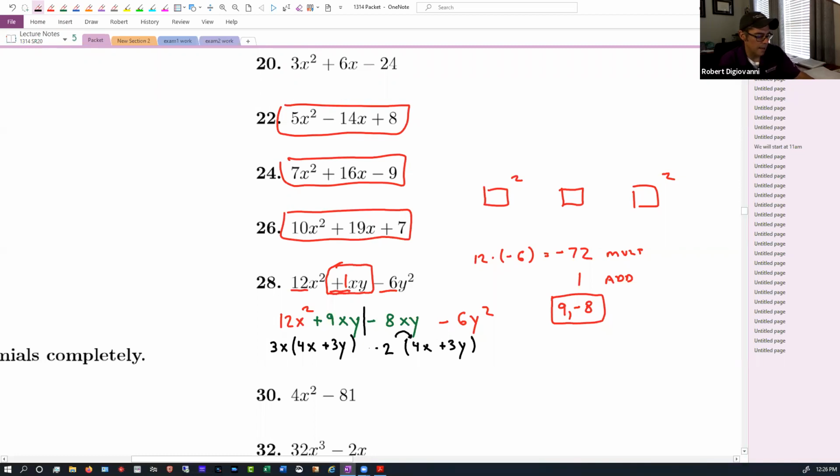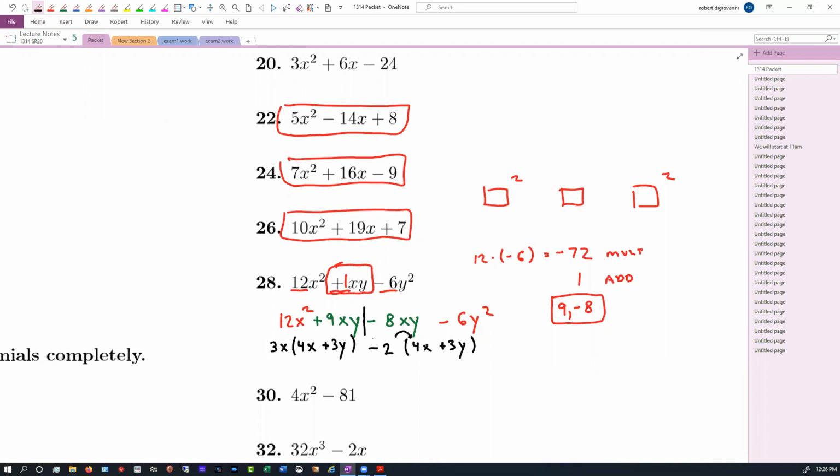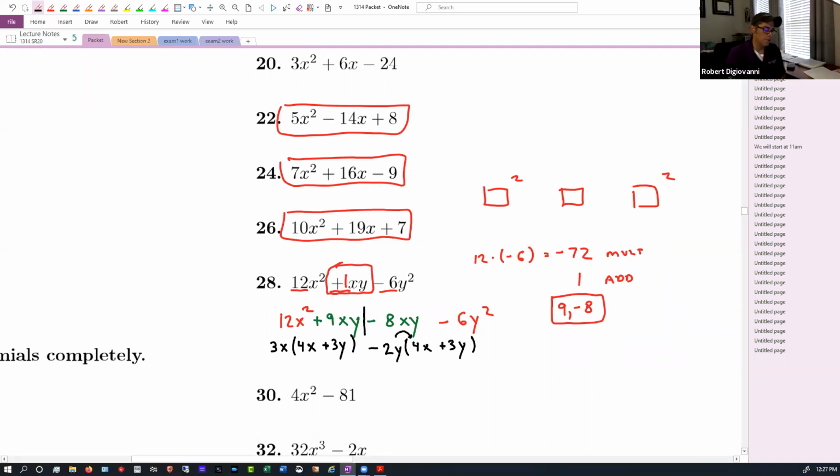So why don't we make it a negative 2? So negative 2 times 4x would give us negative 8x, but what else do we need there with the negative 2? A y. We also need a y. So now if you multiply the first two together there, you get a negative 8xy. And then when you multiply the second one, you should get a negative 6y squared because it's y times y. So it matches up exactly.